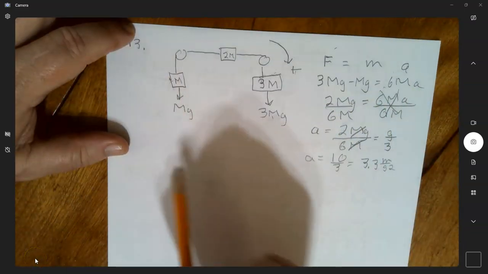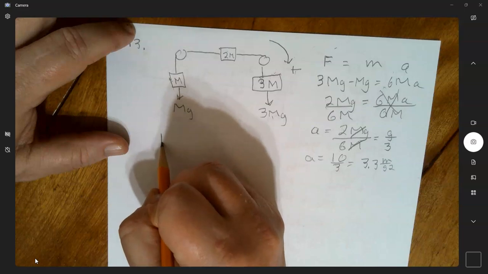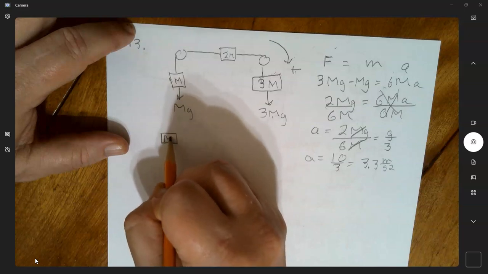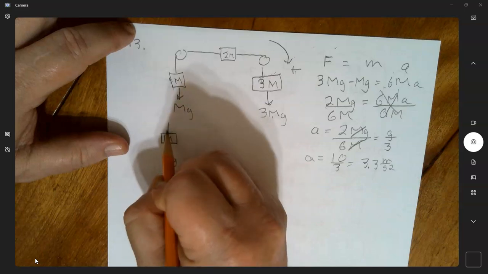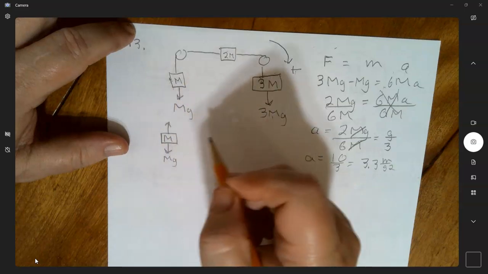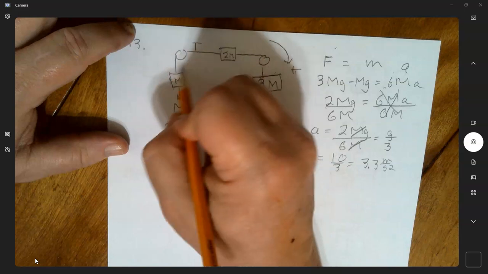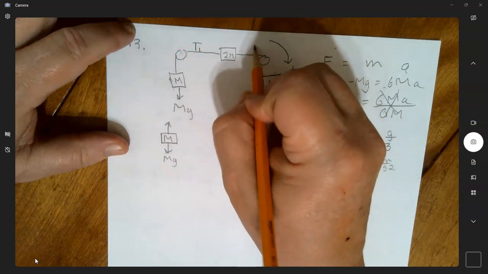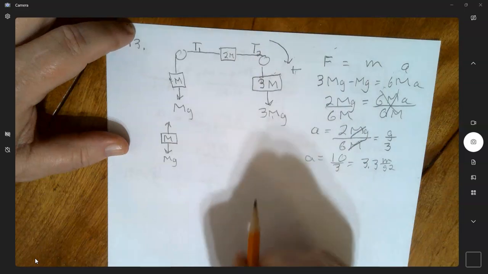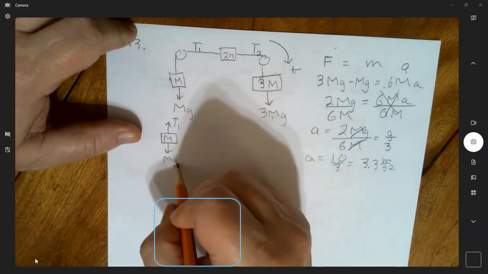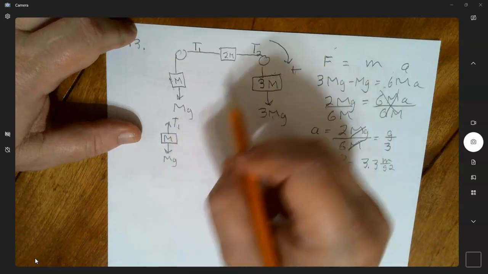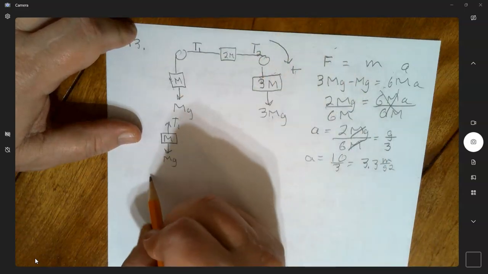Okay, we're going to draw the diagrams for the blocks. And this is T1 on this side over here, and this is T2 over on this side there. So this is T1. So T1 is pulling in the positive direction because the positive direction goes around this way.